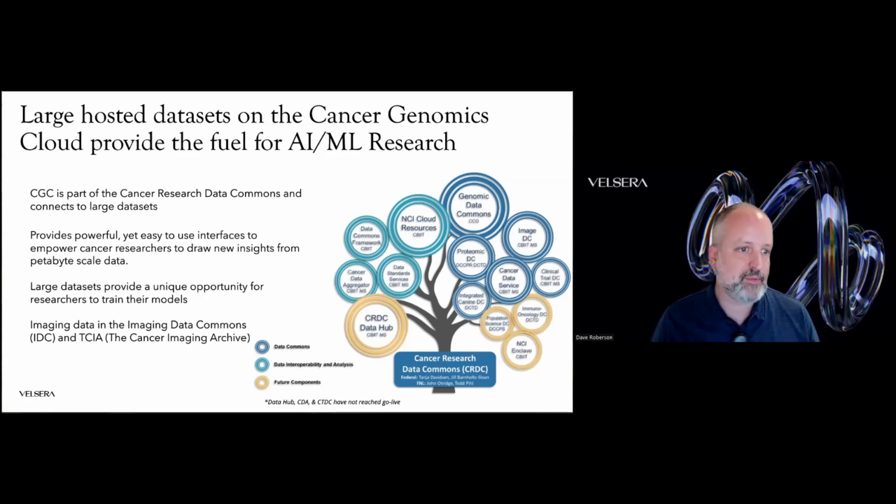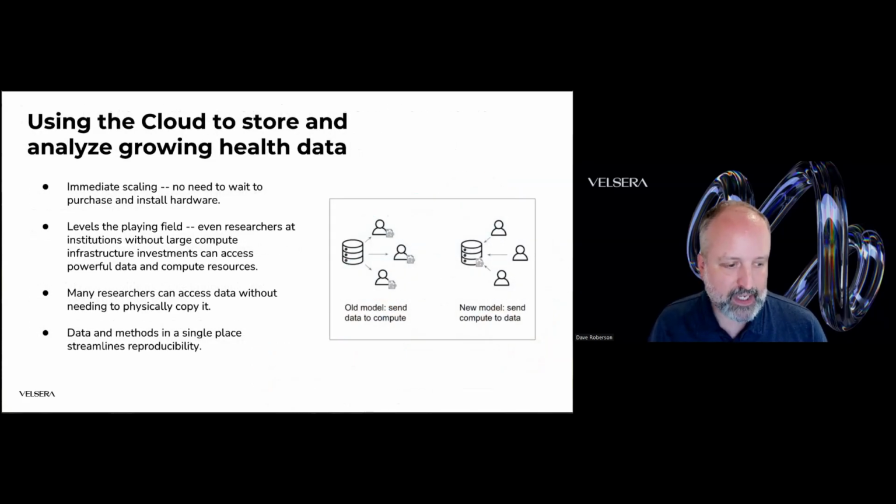So, of course, you have the Imaging Data Commons, IDC, and the Cancer Imaging Archive, TCIA. You really have a unique opportunity to combine multiple modalities to do some interesting machine learning research.